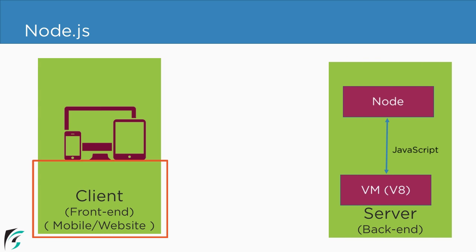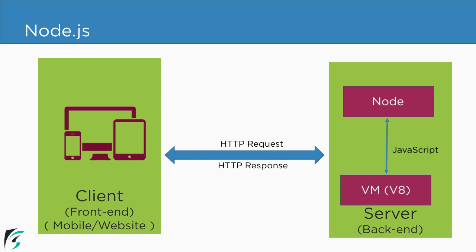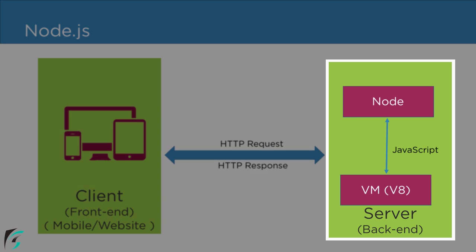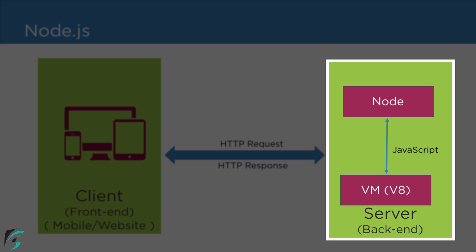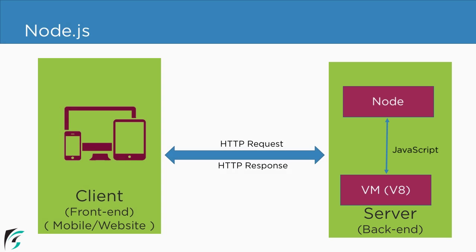And this client can be a mobile device such as Android or iOS or even a website. The communication between front-end and backend takes place using HTTP request and response. So in this video, you will learn how to set up a local web server using Node and run your first code in Node. Let's begin.